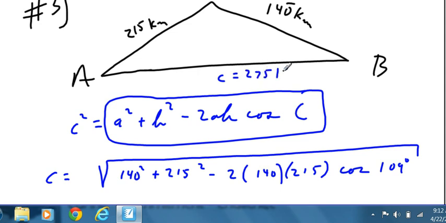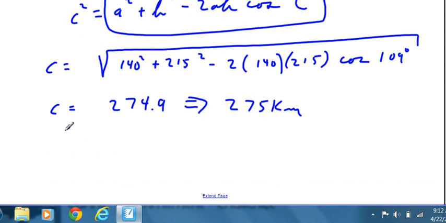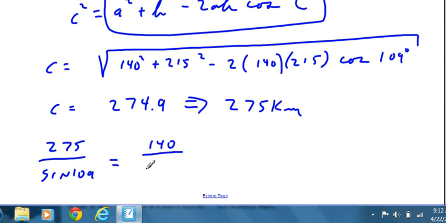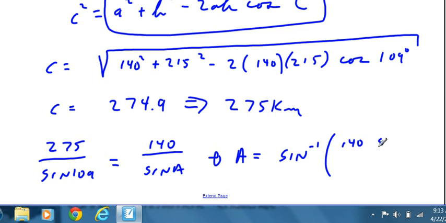Once I know that C is 275 kilometers, now I can find, using the law of sines, one of the other angles. So 275 divided by the sine of 109 has to equal, we'll use 140, 140 over sine A, implying that A is equal to the arc sine of 140 sine 109 divided by 275.